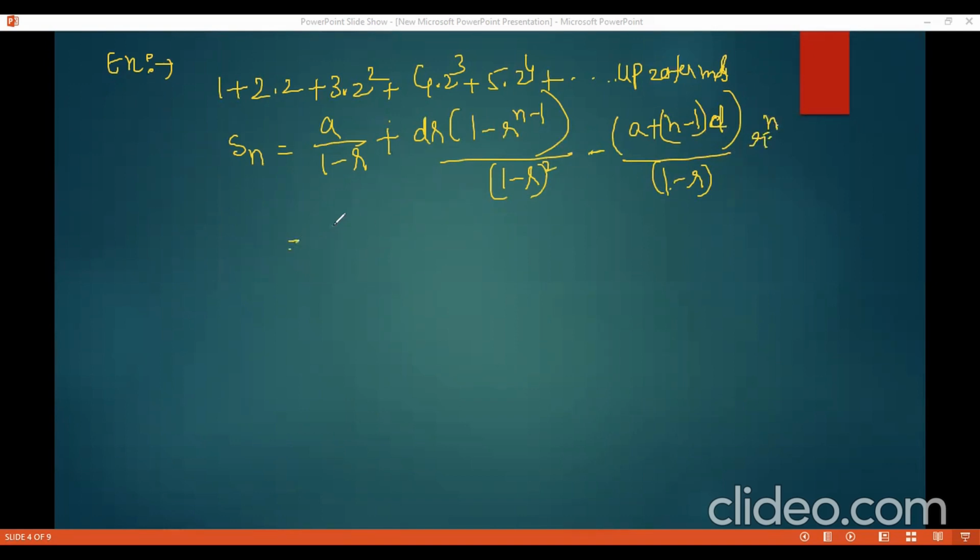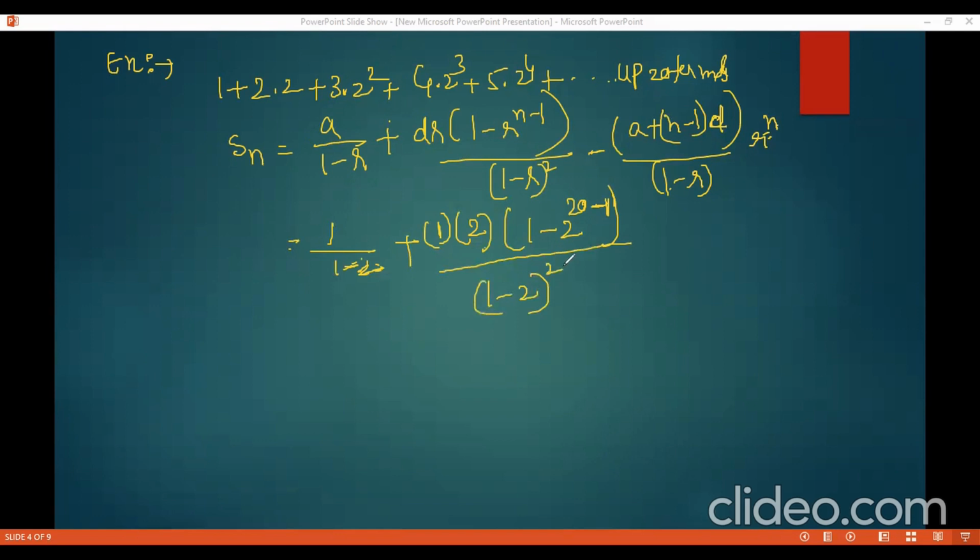Come on. A is 1 by 1 minus 2, because r is 2. Plus d is 1, into r is 2, and 1 minus 2 to the power of n, n is 20, right? 2 to the power of 20 minus 1, divided by 1 minus 2 whole square.